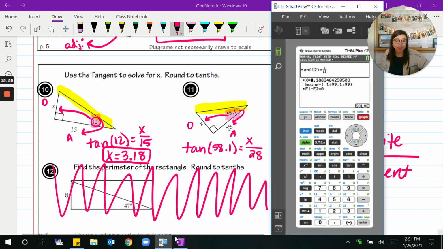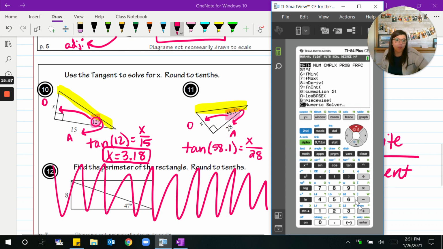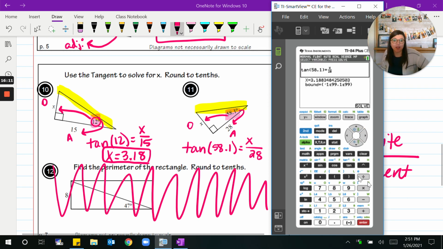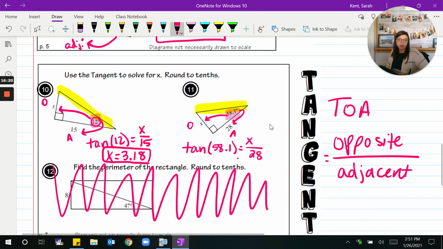Go back to my calculator, math up, enter, tangent of 58.1, and then x over 28. So press enter, alpha graph, and here we get x equals 44.98.